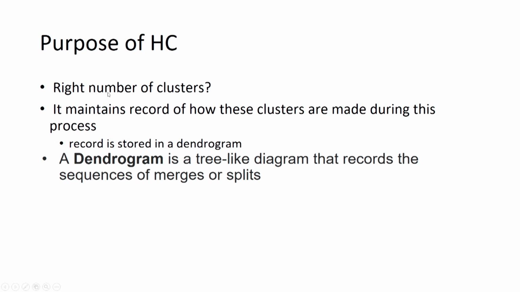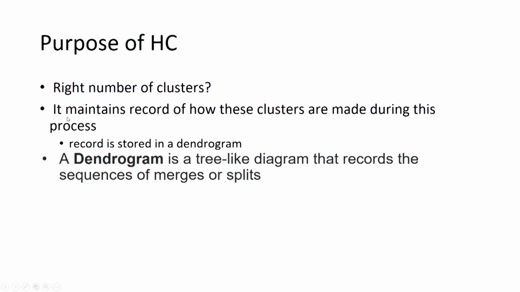So, this was agglomerative hierarchical clustering, and now the question is how we will know the right number of clusters, since in each and every step we are merging the two closest clusters. When should we stop, and when will we say that we got the correct number of clusters?